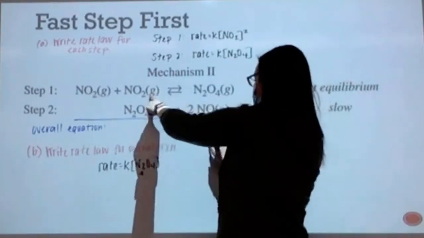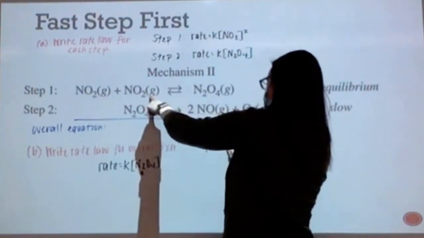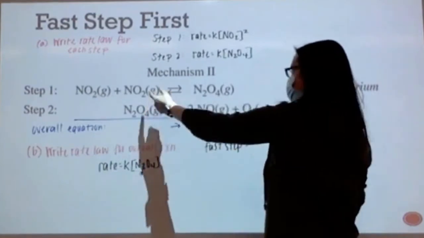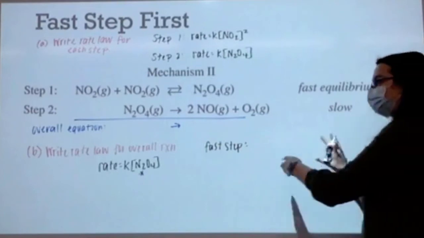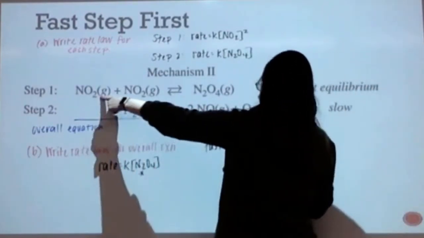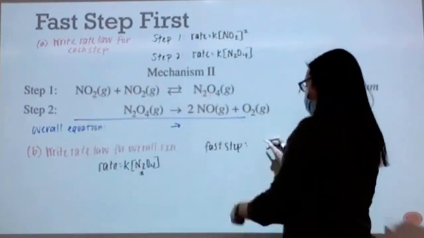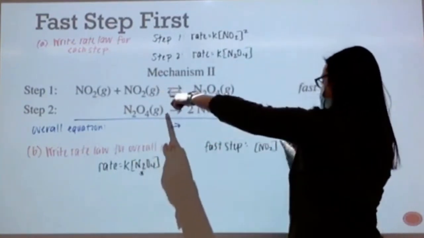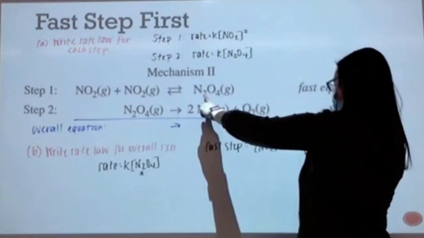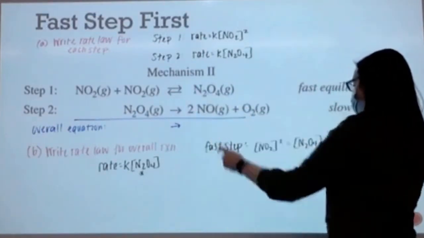So if I look at the fast step, I'm going to simplify a lot as I'm doing this. The fast step, I'm setting each side equal to each other. So I have NO2 times NO2 equals the concentration of N2O4.